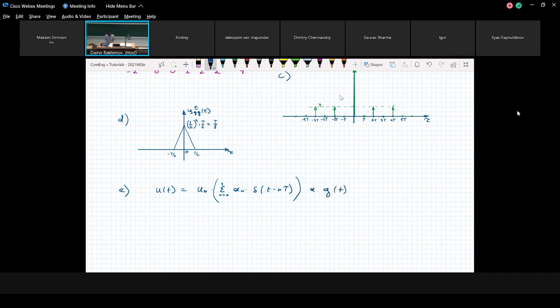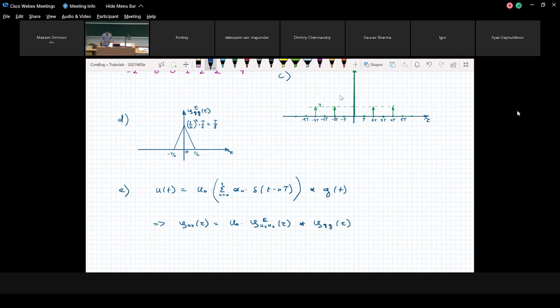And you remember that if you can represent your original signal as a convolution between 2 parts, the autocorrelation you can represent as the convolution of the corresponding autocorrelation functions for each part. Phi u of tau is written as the autocorrelation for u delta of tau convolved with the autocorrelation of u of tau.